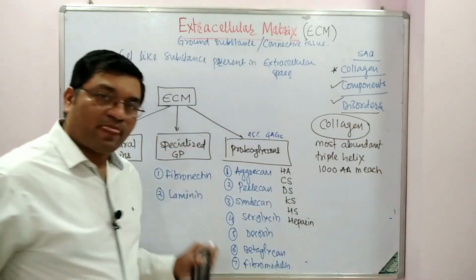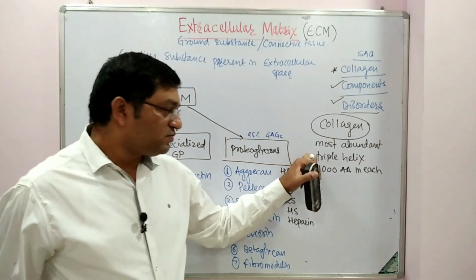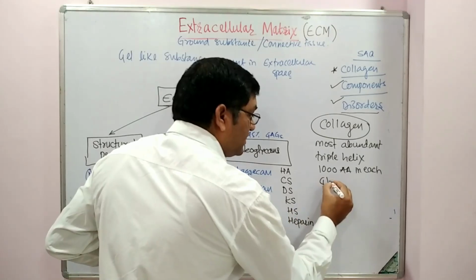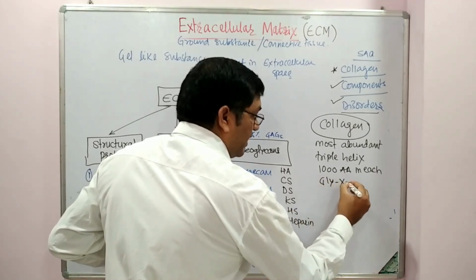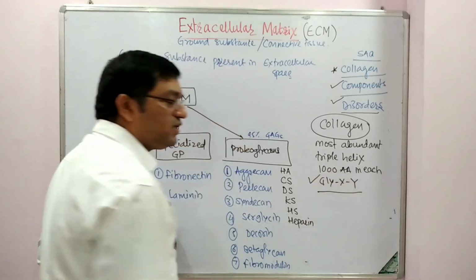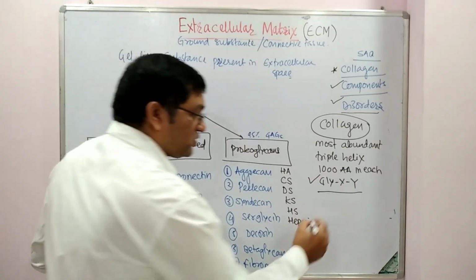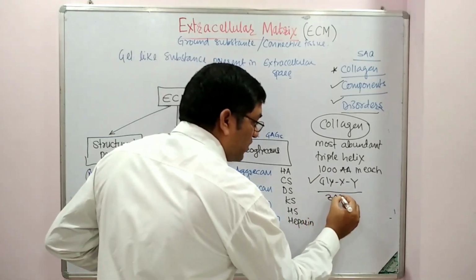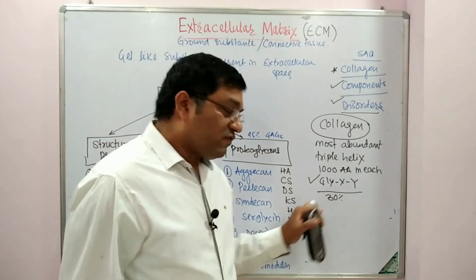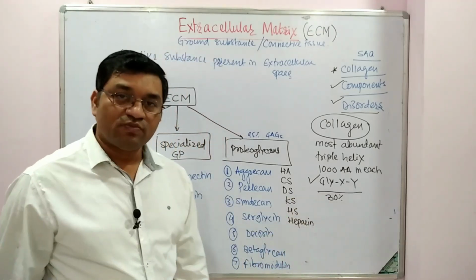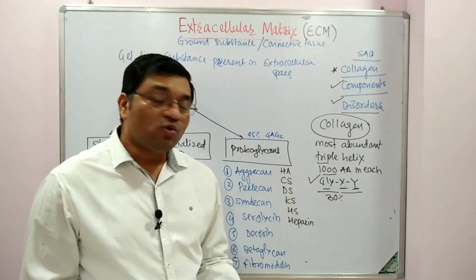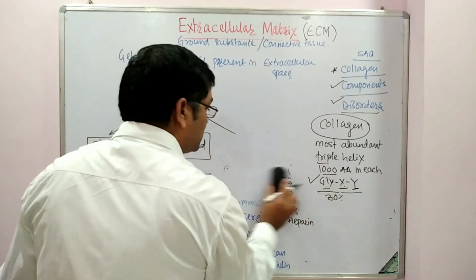It is a triple helix composed of repeating units of glycine-X-Y. Glycine is the most abundant amino acid in collagen, constituting about 30% of the weight of collagen. Glycine is the most abundant, followed by proline, hydroxyproline, then lysine. It is formed from pre-pro collagen.